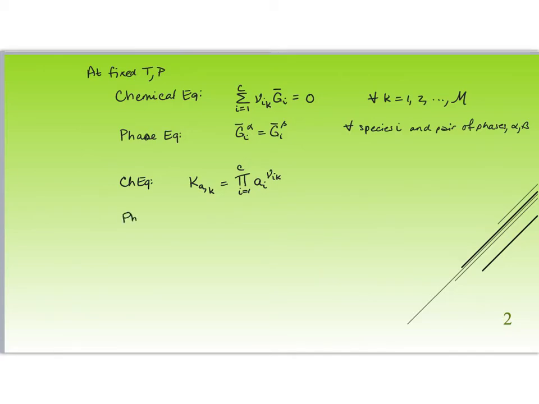And for phase equilibrium, how we have learned to use that is by saying that the fugacity of a particular species in each phase will be equal to each other.